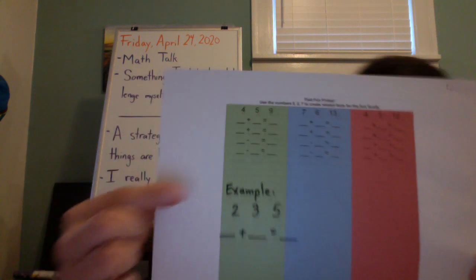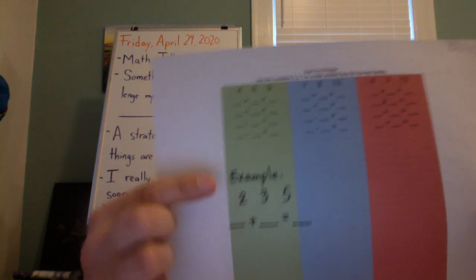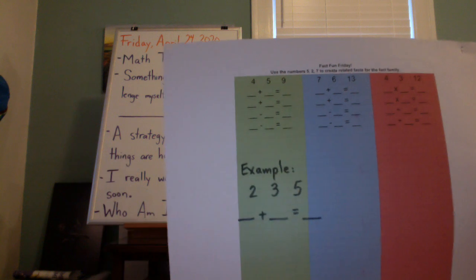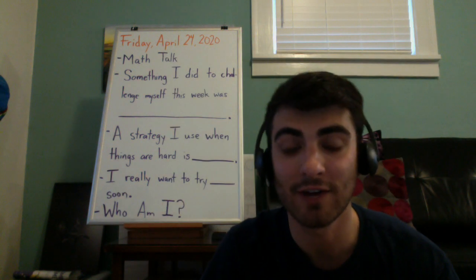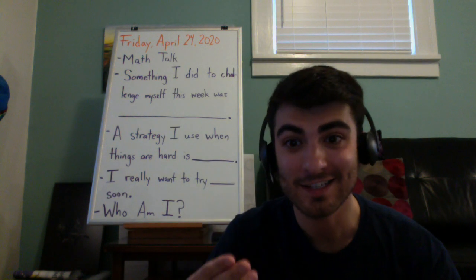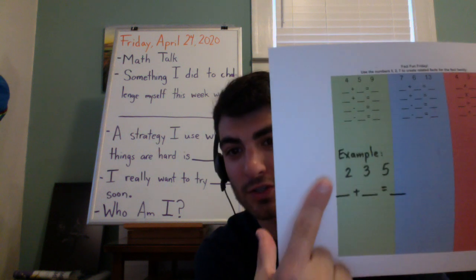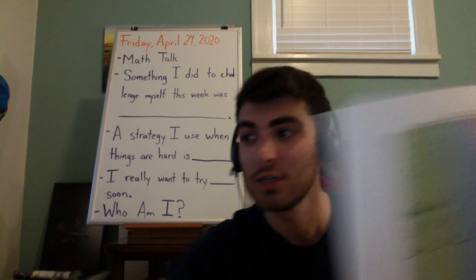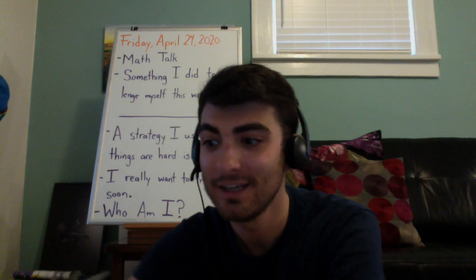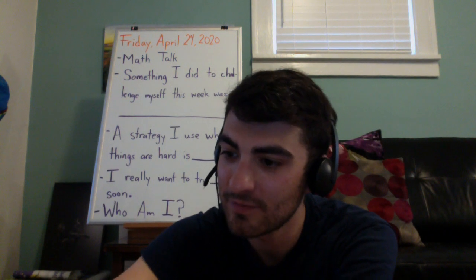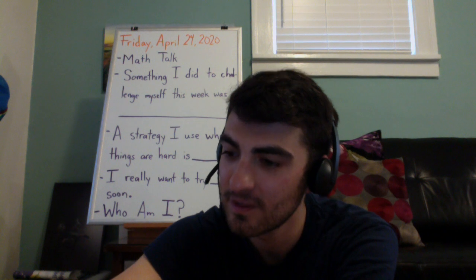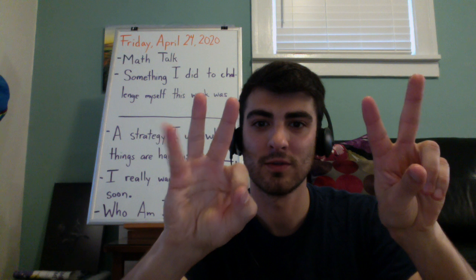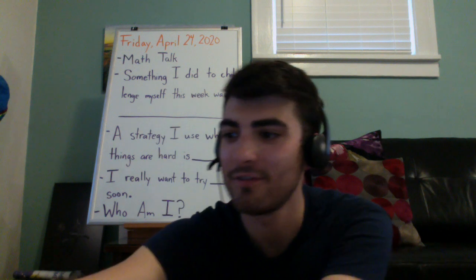So, for example, in the units column, if I had the numbers 2, 3, and 5, what is a fact that can use the numbers 2, 3, and 5? I know one. 2 plus 3 equals 5, doesn't it? 2 and 3. 1, 2, 3, 4, 5. Yeah, 2 plus 3 is 5.